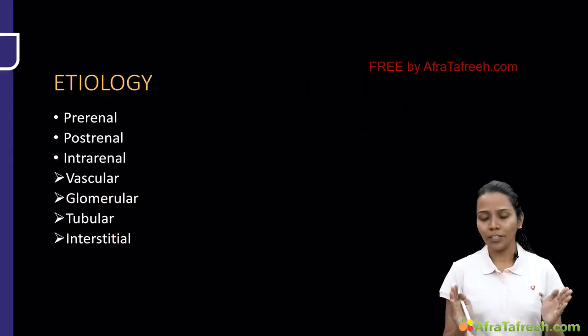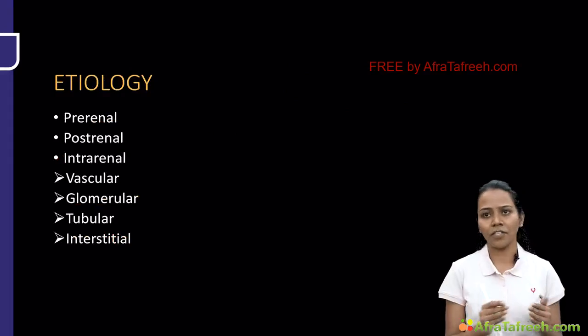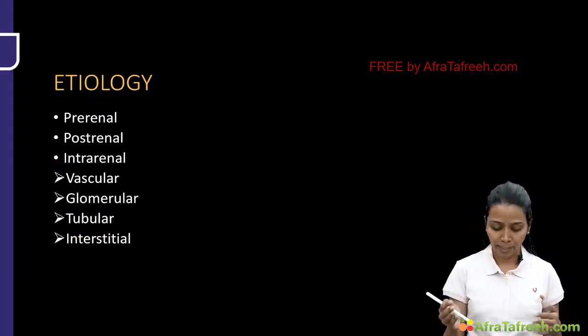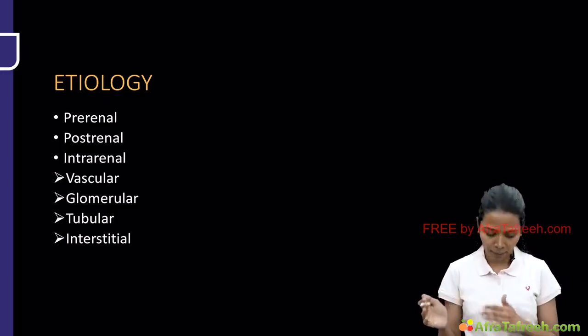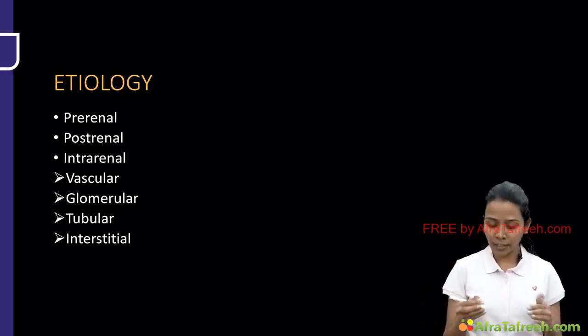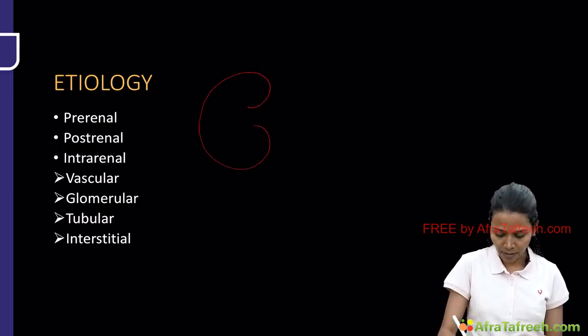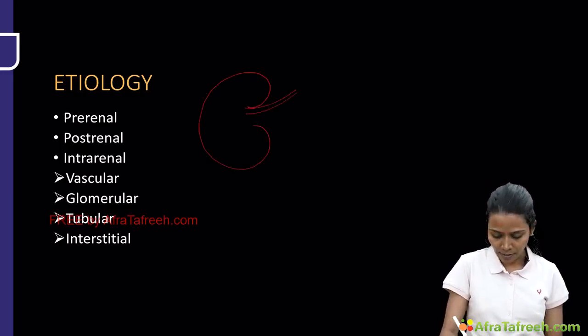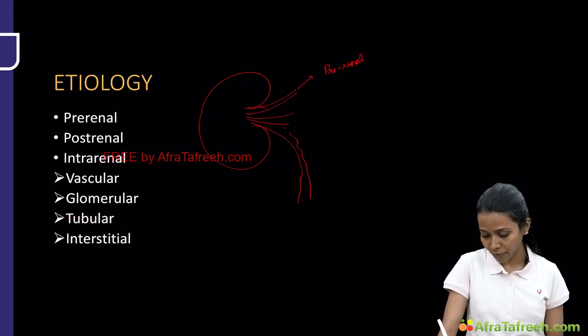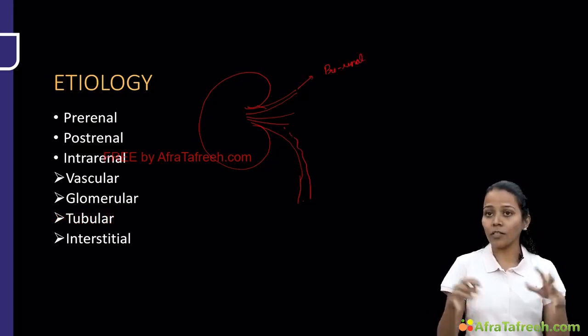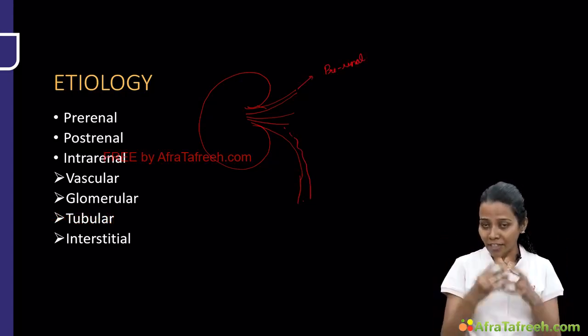Okay. Coming to the etiology, this is the age-old classification that we have been seeing from MBBS time, where we classify it into pre-renal, intrarenal and post-renal, right? Now, if this is the kidney and this is the renal vein, renal artery, and this is the ureter. So pre-renal has to do with the vasculature or whatever blood is inside the vessels.